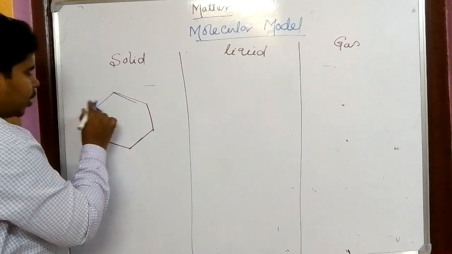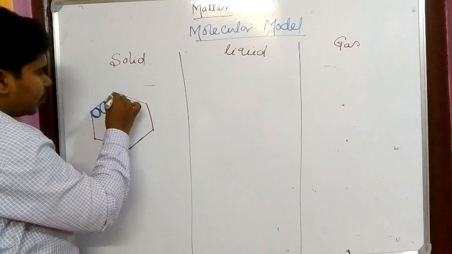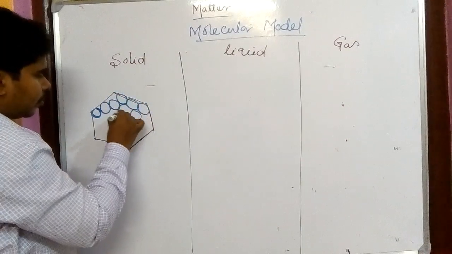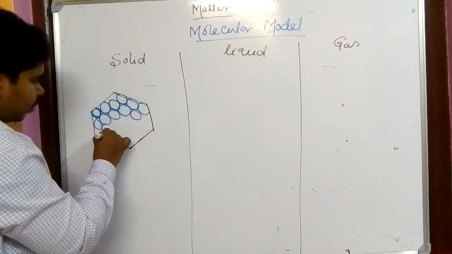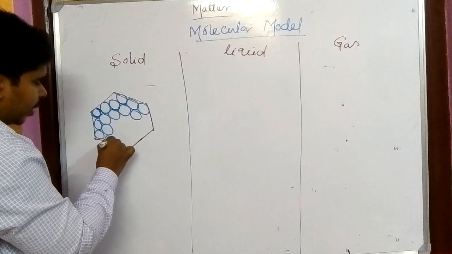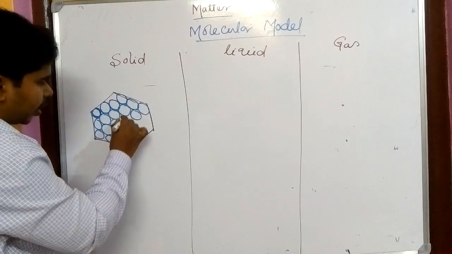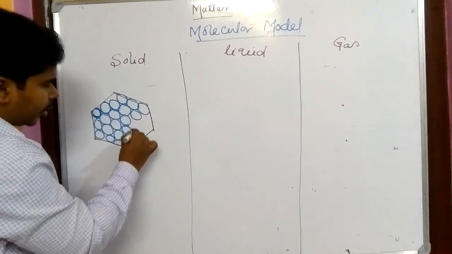It is closely packed. As we have taken a part of the solid, we cannot cover the whole molecule in the last portion. We have taken a little portion here.